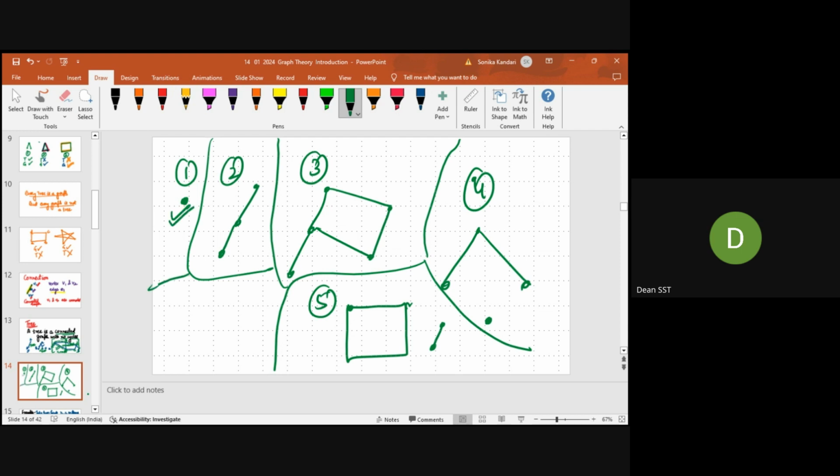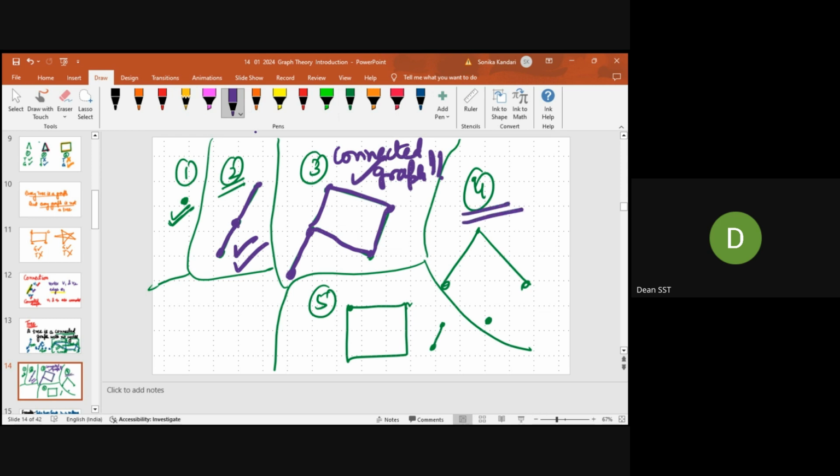This is a single node, diagram one. In diagram 2, is it a connected graph or not? Yes, ma'am, it is connected, because we can move from anywhere to anywhere. Okay. Is the third one a connected graph or not? Yes, because we can traverse from any node to any other node. Fine. So it is a connected graph.